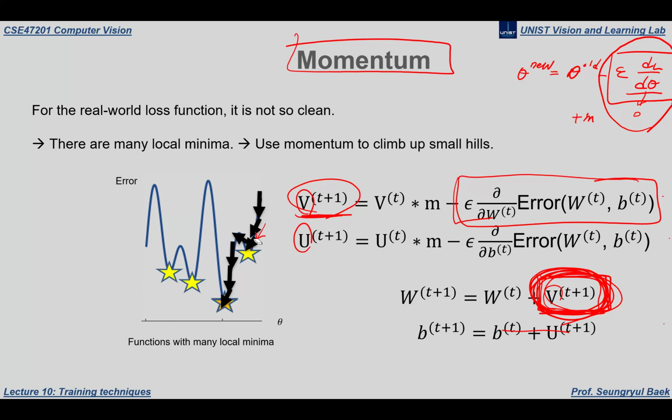So if you add this type of term in the v term here, then even though at this point the dL/dθ values are going to zero, the previous term is added to the current value, so even though the gradient becomes zero, they still have some value, okay, here.